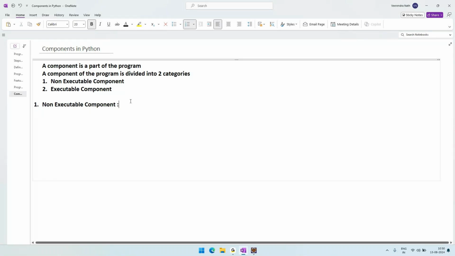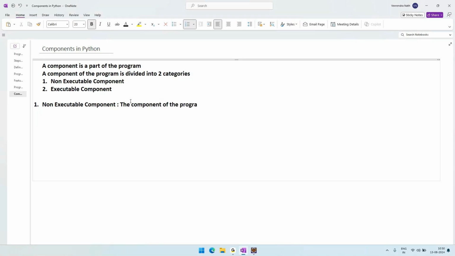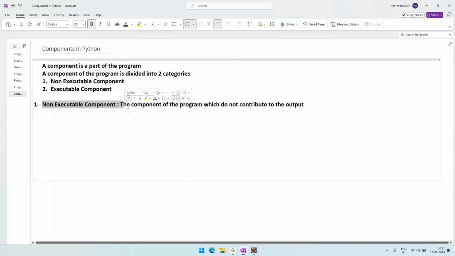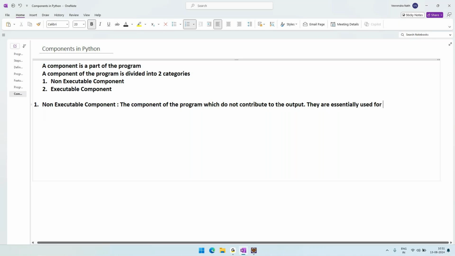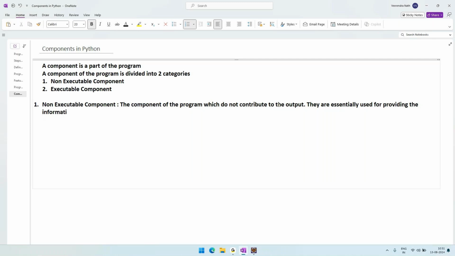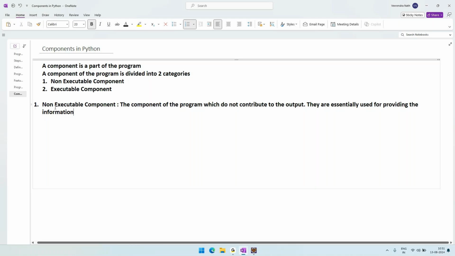What is a non-executable component? A non-executable component means the component of the program which does not contribute to the output.